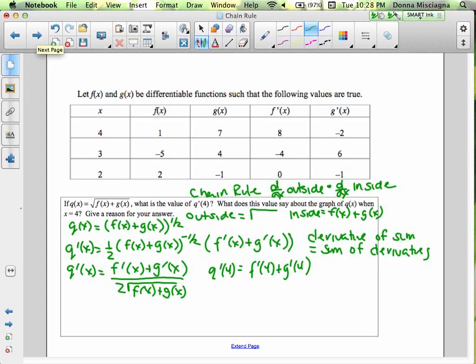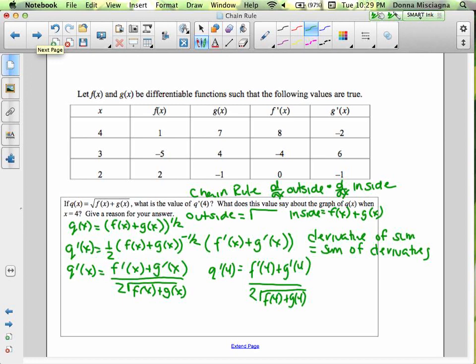I don't really need them. That whole thing is being divided by 2 and by the square root there. All right, and so divided by 2 times the square root of f of 4 plus g of 4. Let's hope it's a perfect square.